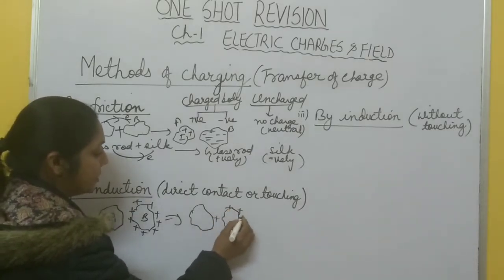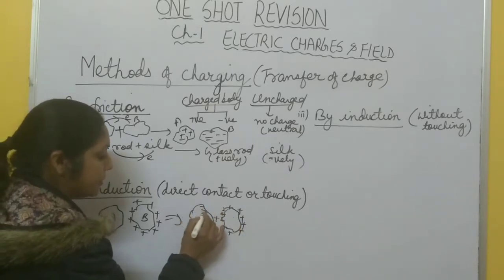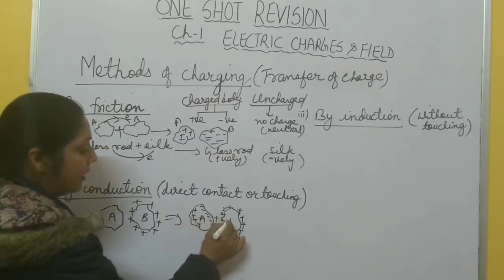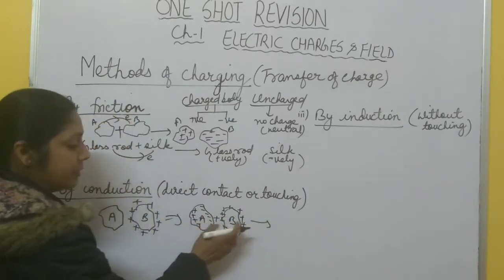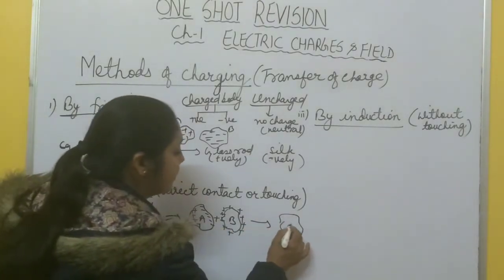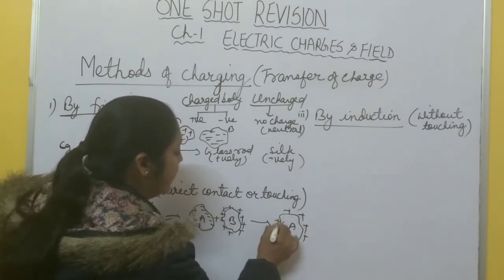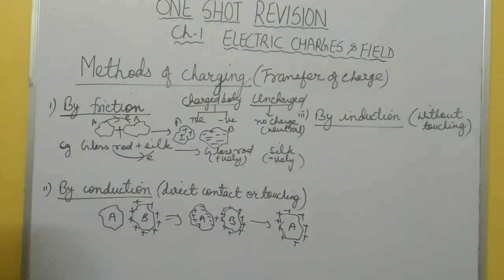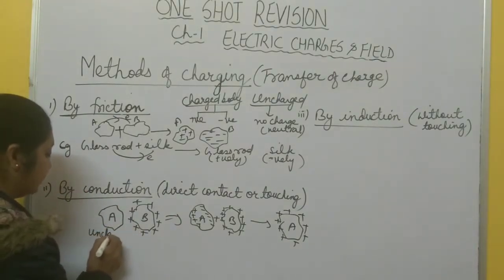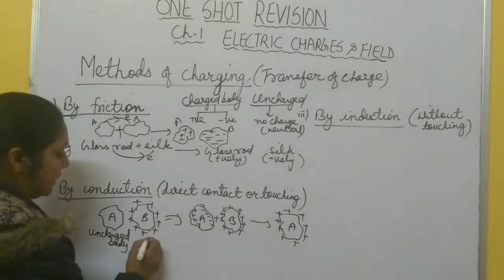Then due to this positively charged body, negative charge comes to this side and positive charge goes to this side, right? Now what happens? These negative and positive charges neutralize each other, and this body A becomes a positively charged body, right? So by this conduction method, this A is uncharged, and this one is the charged body.